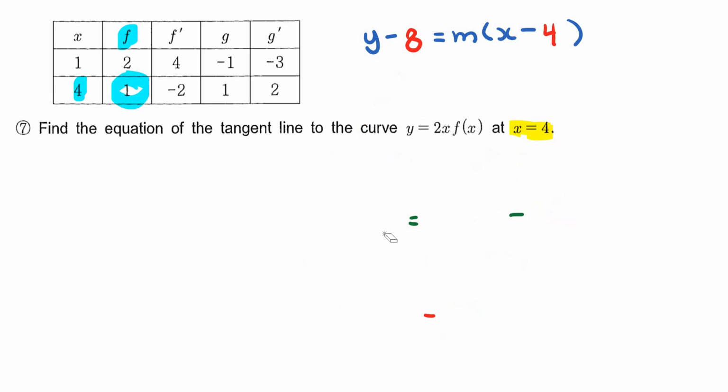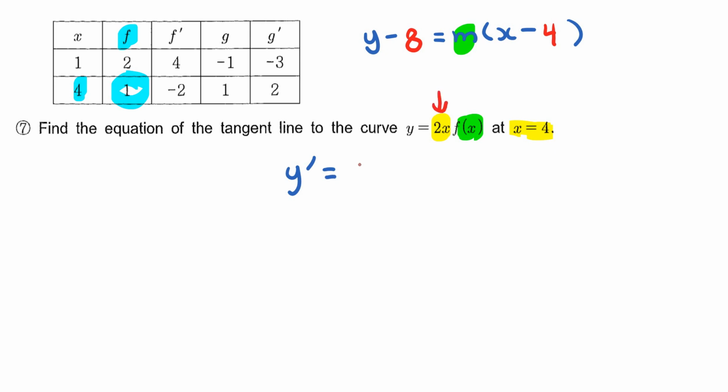And now we need to find, the purpose of calculus is to always find these derivative values, which is represented by the letter m on the tangent line there. So we have, let's see if I can highlight this 2x and this f of x. Our goal now is we want to find the derivative of y, so y prime equals 2.